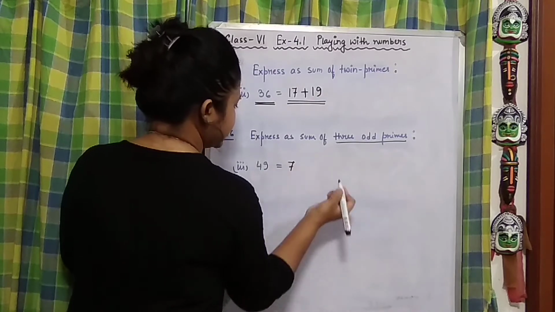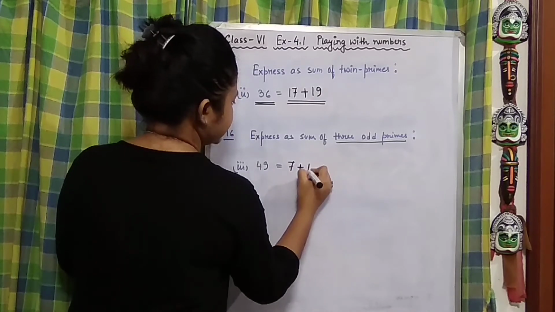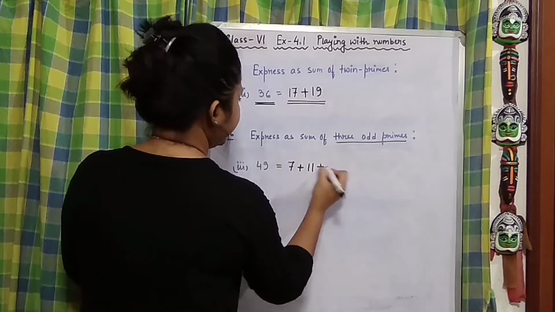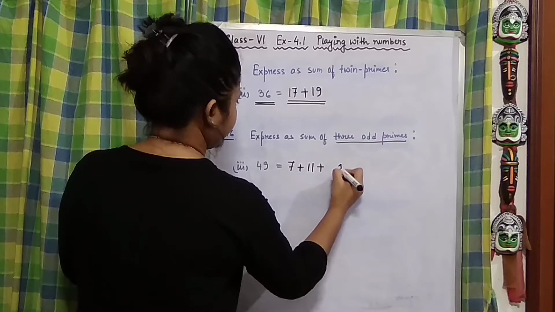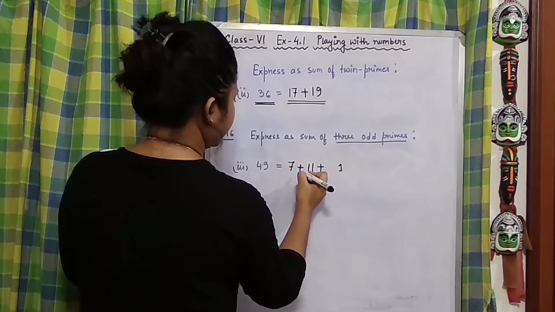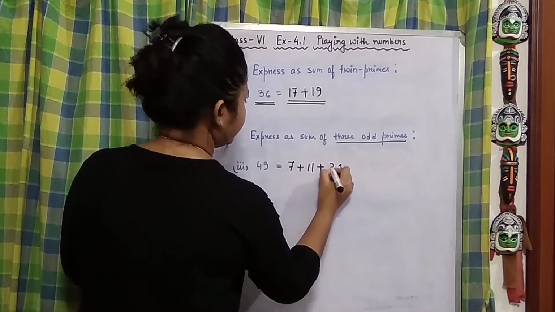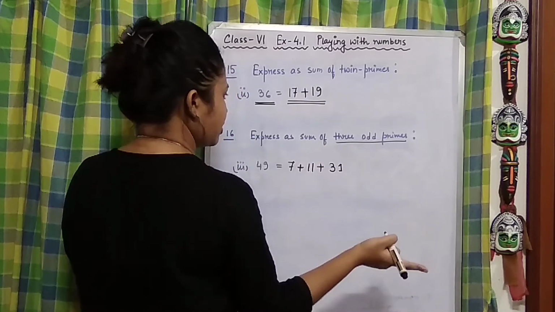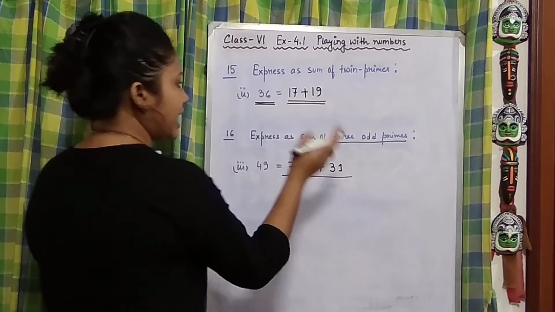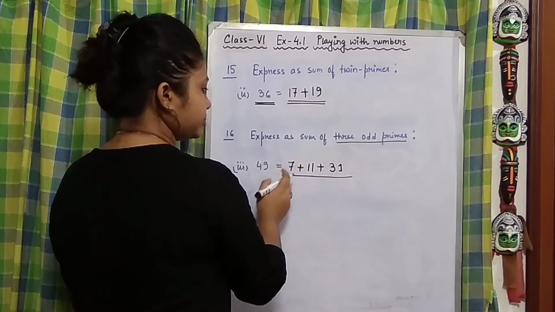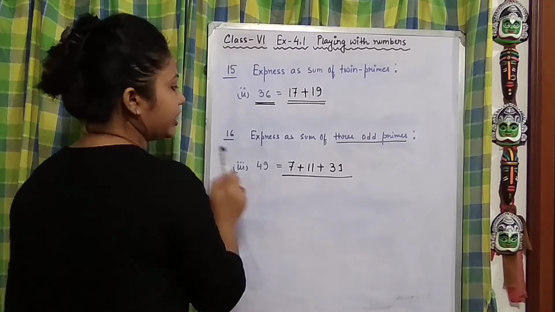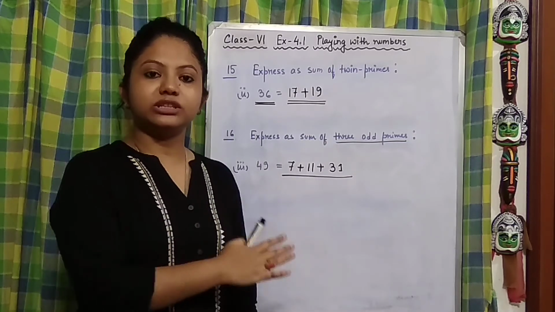Let's say 7 plus 11, 7 plus 11 gives 18. 18 plus 31 gives 49. So 31 is also a prime number. So we can say that these 3 are all odd prime numbers, and the sum of these 3 numbers is 49. So this is how we do this kind of sum.